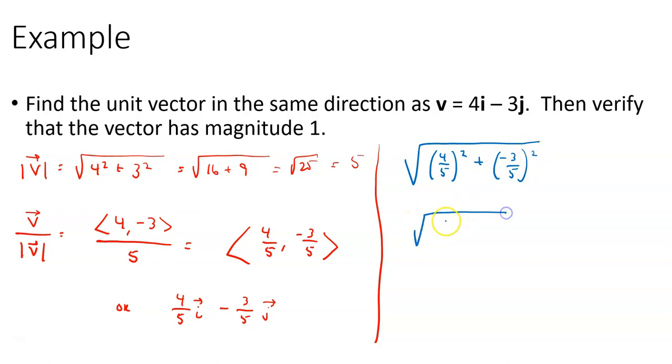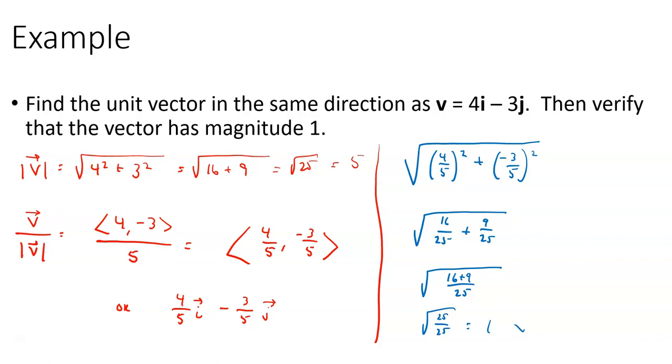If I square 4/5, I get 16 over 25. If I square 3/5, I get 9 over 25. Now combine them over a common denominator. I get 16 plus 9 over 25. Well, 16 plus 9 is 25. So the square root of 25 over 25 is just 1. So that verifies that that vector has a magnitude of 1.